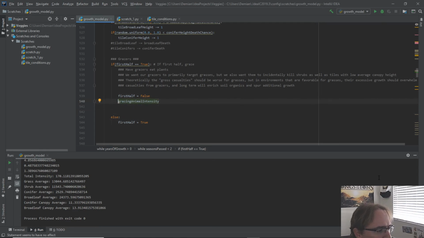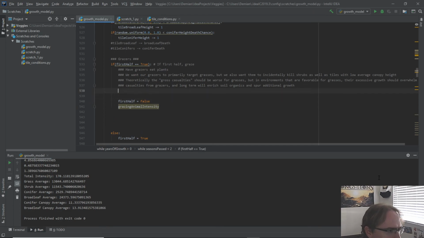So we have to actually figure out grazing damage to particular categories of plants will depend on their frequency.